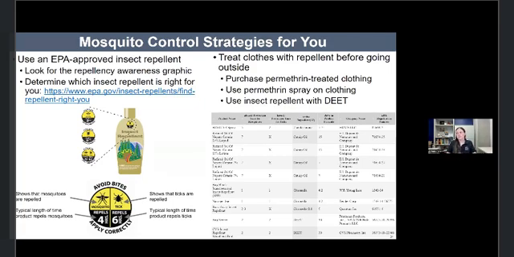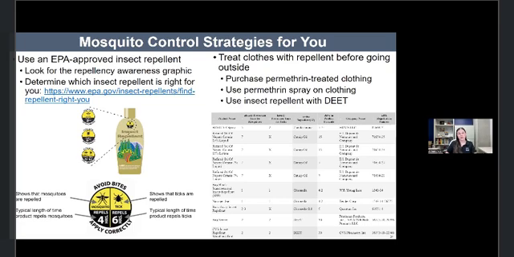When you're trying to determine which insect repellent is right for you, if you're in the United States, or even if you're not, you could look this up. The EPA has an insect repellent list to help you find which insect repellent is right for you. So you could click different options, and then this chart will come up. It will tell you the name of the product, the hours that you're protected for mosquitoes and also for ticks.